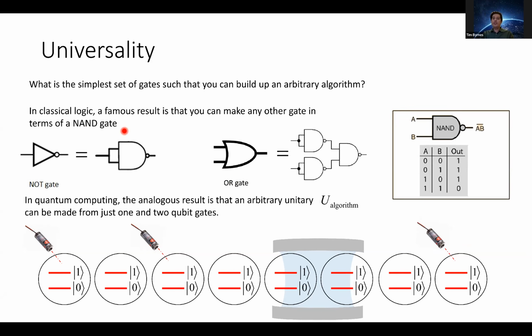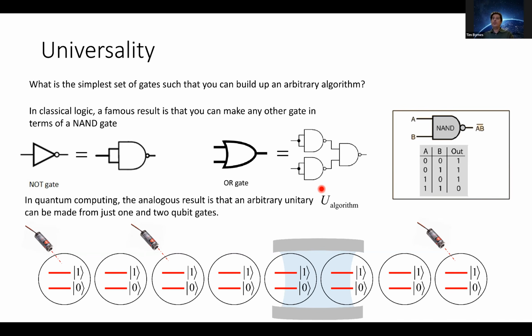And the similar result here is that you can create any unitary matrix just by combining 1 and 2 qubit gates. It's a little bit different in the quantum case because the quantum case is a generalization of the classical case, and so the gates also need to be a bit different.